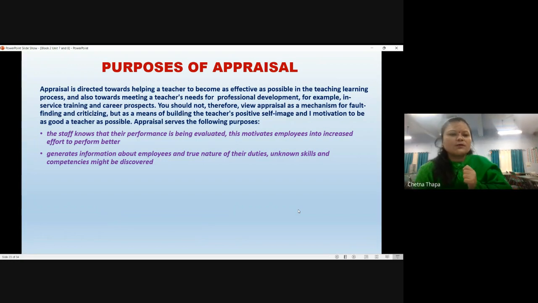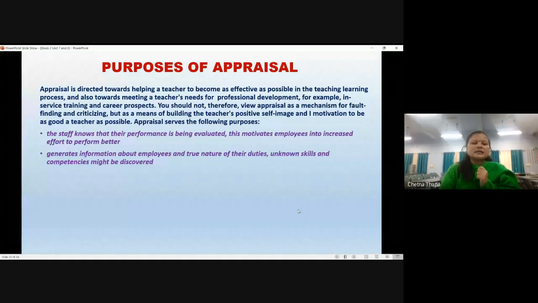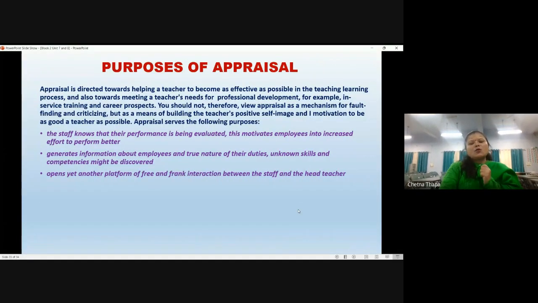It's not about finding or criticizing faults. And it opens another platform of free and frank interaction between the staff and the head teacher. Through the staff appraisal, you give an opportunity for a frank interaction between the staff and the head.